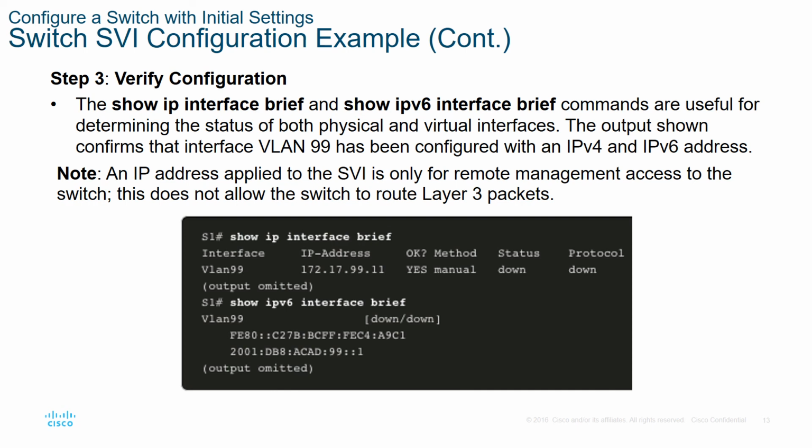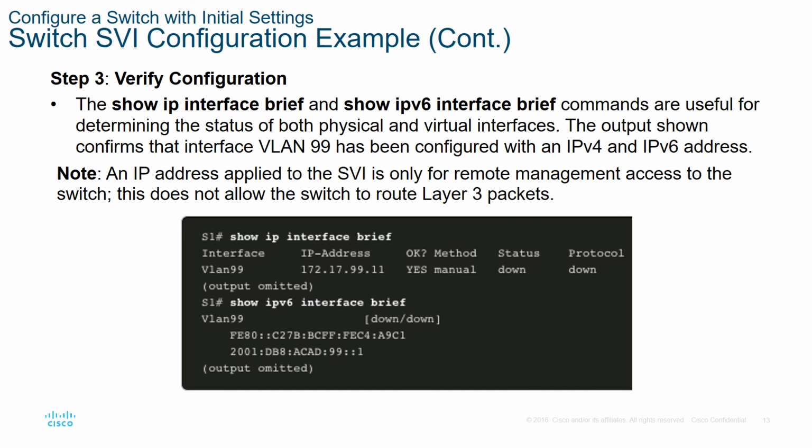If you see the output of show ip interface brief, you can see VLAN 99. That is the interface name, the management VLAN we created. For that, we assigned the IP address 172.17.99.11. I think you remember that this address we assigned in the last slide. Yes, it is assigned properly.